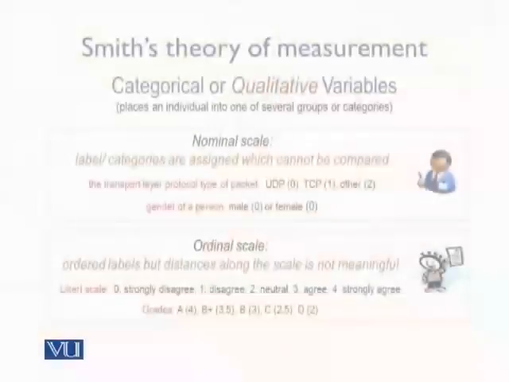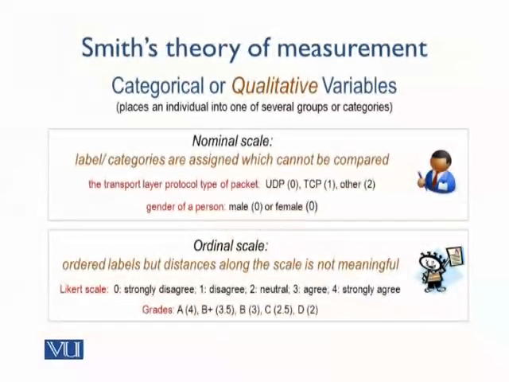Also, apart from the nominal scale, we mentioned ordinal scales in which you are assigning the variable to categories, but the categories also have some sense of order. So we talked of, let's say, the grades of a student. We can give the grades some quantitative numbers as well. For example, this is commonly done in colleges.